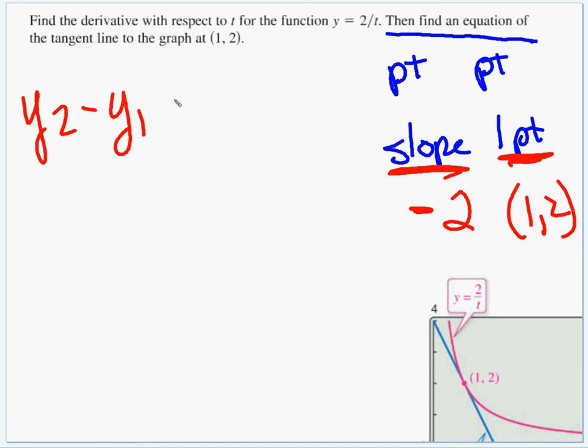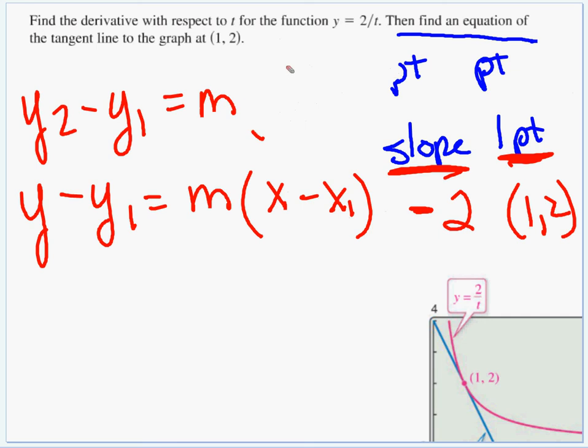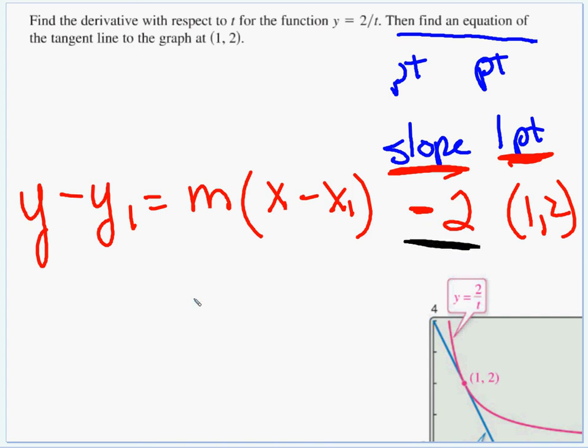Y2 minus y1 equals m times x2 minus x1. Here is, well, we could write this: y minus y1 equals m times x minus x1. That'll be a little easier to use. So they gave us a point and a slope, and here is the point-slope equation of a line. Our slope is -2, so our m becomes a -2.